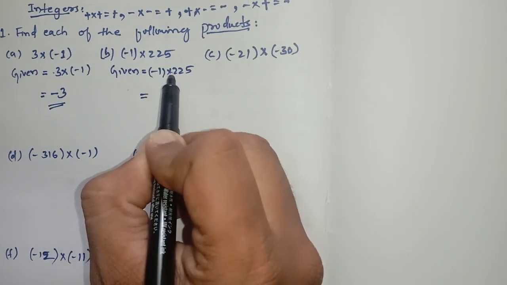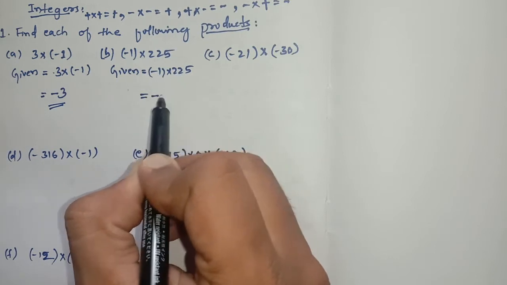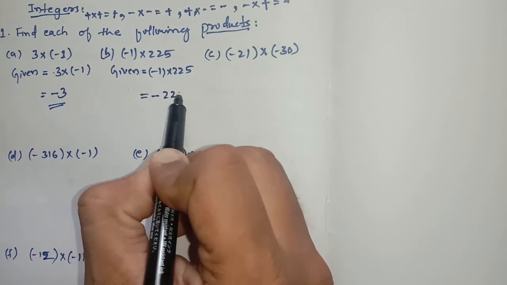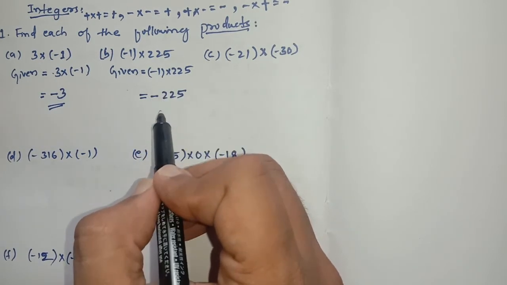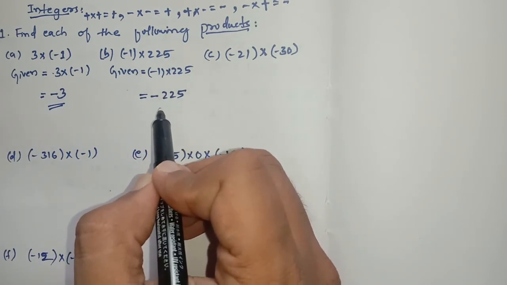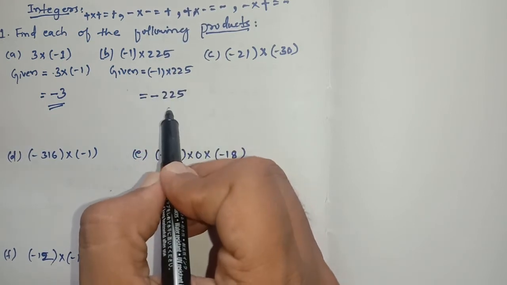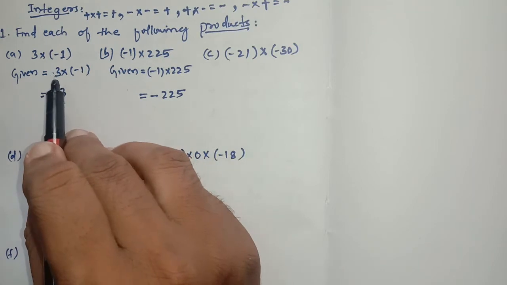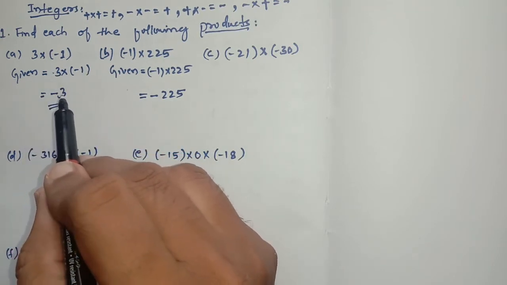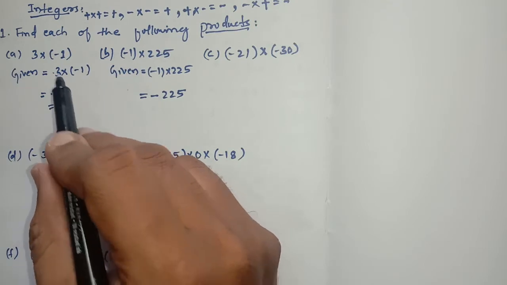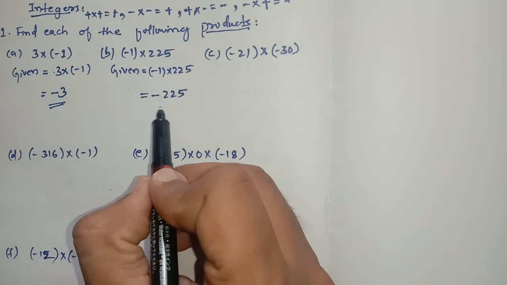Minus into plus is minus. 1 into 225 is 225. Keep in mind, 1 into anything is anything. When you multiply 1 with any value, the same value will remain. Or anything into 1 will be anything. When you multiply any value with 1, the same value will remain. This is our answer.